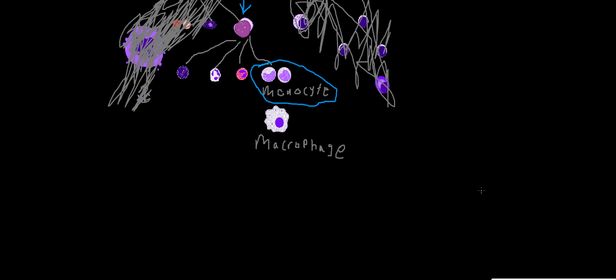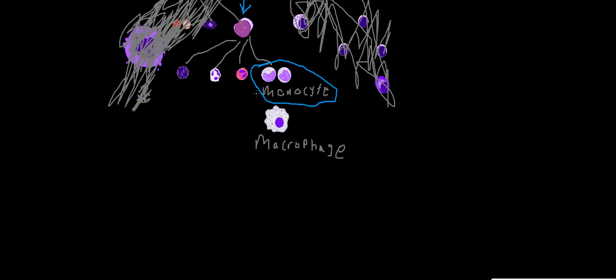So these monocytes differentiate into macrophages, because that's part of the lineage. A macrophage is another one of those immune cells that like to gobble up stuff.